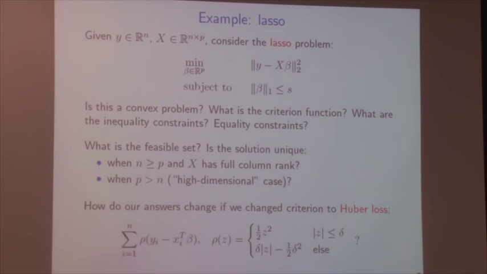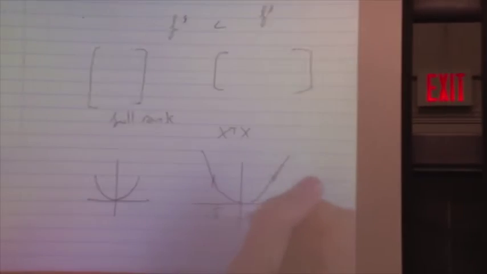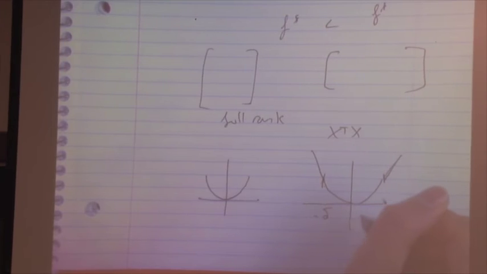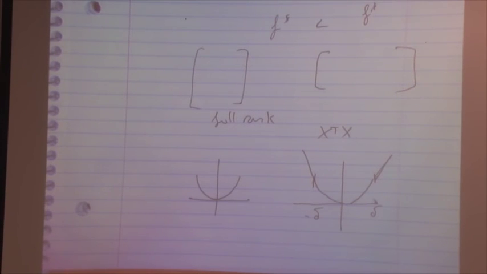Okay. The answer is no, right? I don't necessarily know for sure that the function that I have now is going to be strongly convex because of this linear wing. Now you might observe that it is strongly convex in this window right here, but proving that it would have a unique solution is beyond the tools that we've gone over for the class. Are there any questions about this?